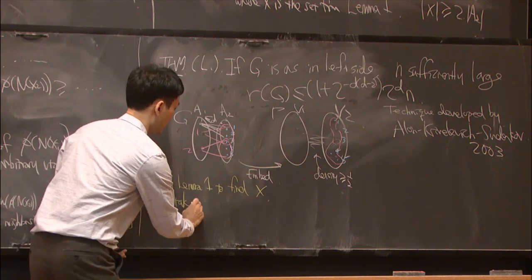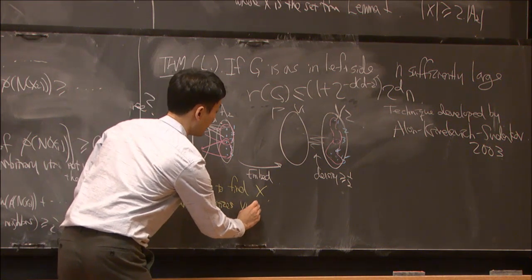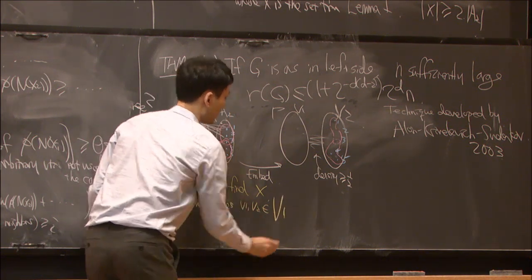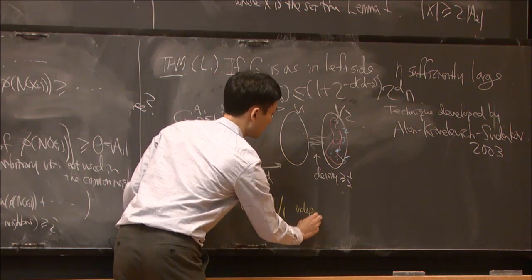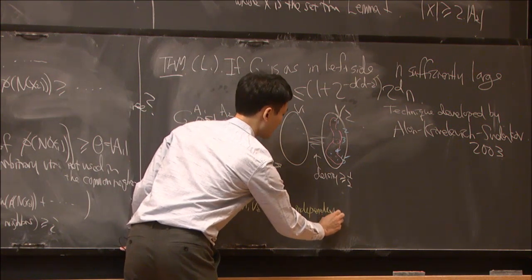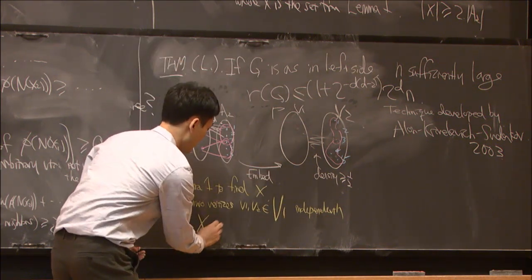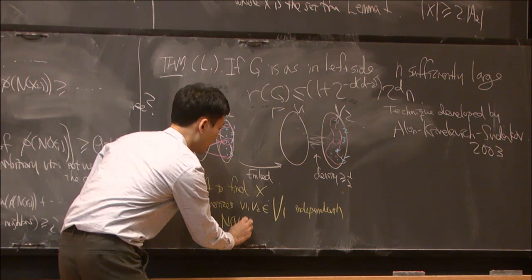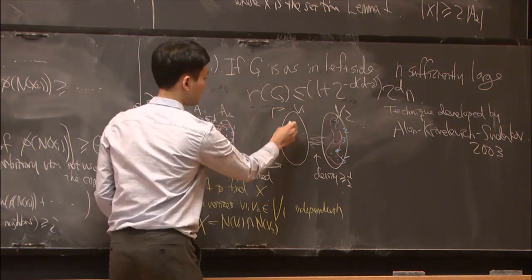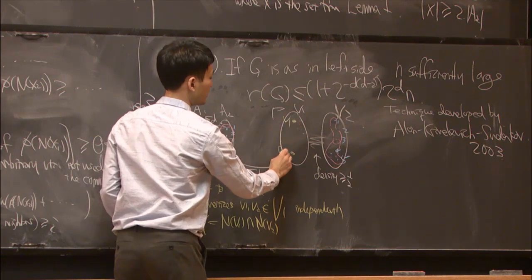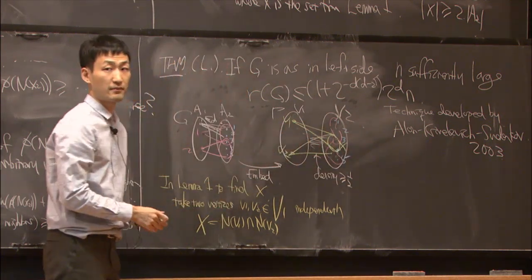Take two vertices V1 and V2 in large set V1 independently and uniformly at random. Then define X as a common neighbor of V1 and V2. So what I want to do is take V1 randomly, take V2 randomly. That will be my X.